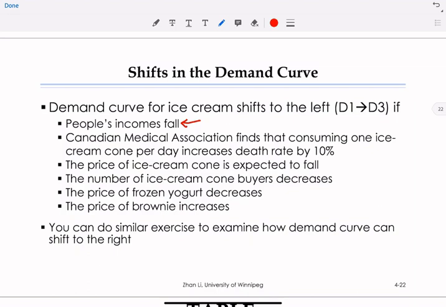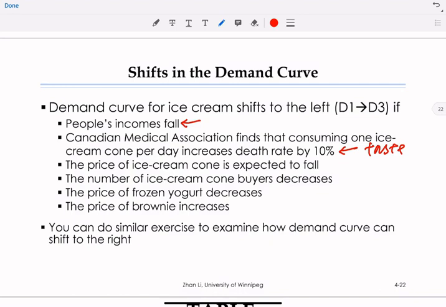Now, let's move to the second reason. Let's say the Canadian Medical Association finds that consuming 1 ice cream cone per day increases death rate by 10%. So what is this about, right? This is about taste, right? So after reading this research, your fondness for ice cream decreases, right?